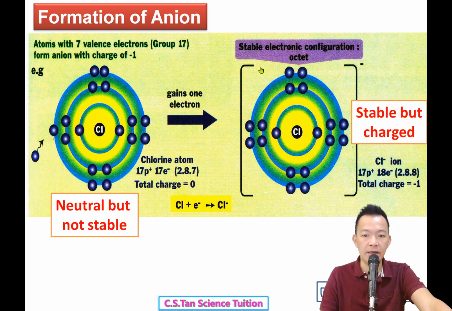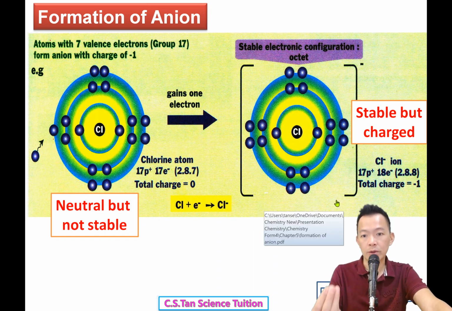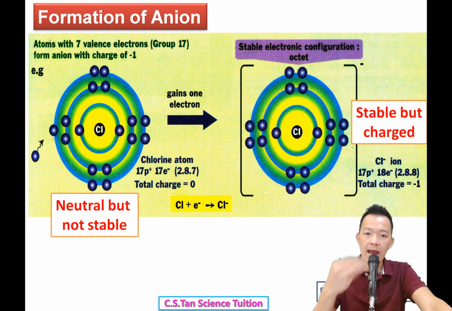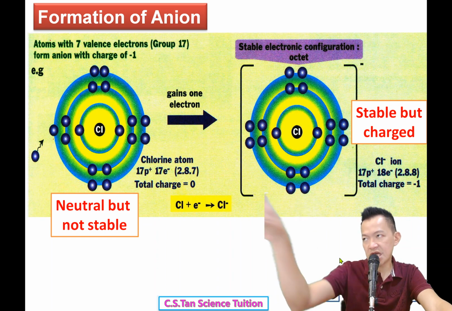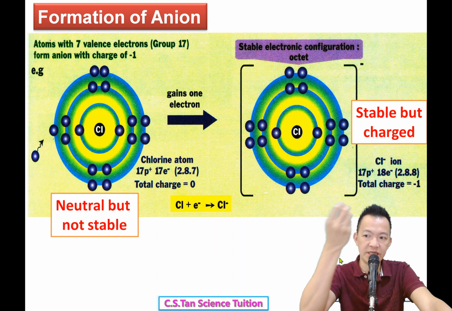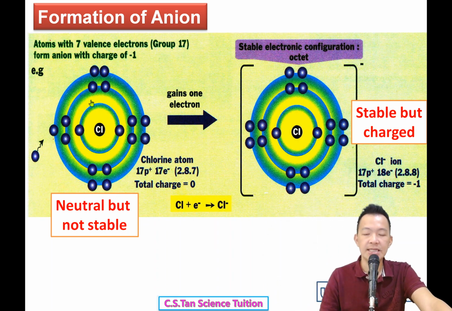So chloride ion is stable. Chlorine becomes chloride, it is stable, but it is charged. So where does the anion come from? Non-metallic atoms gain electrons and become charged ions, negative ions.